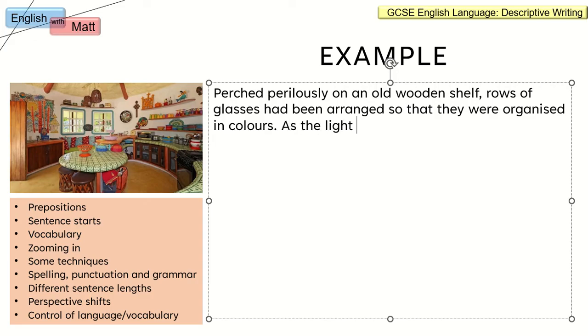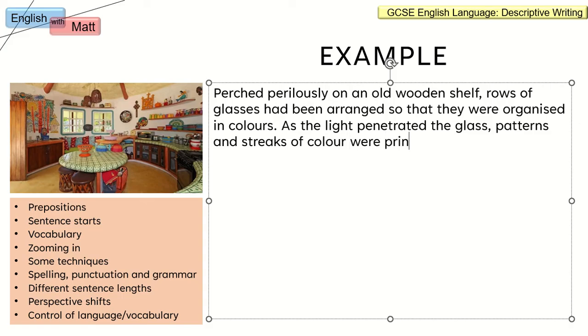As the light penetrated the glass, patterns and streaks of colour were printed on the whitewashed walls. Let me see if I can use a simile. So where do we see stained glass? We see stained glass a lot in things like churches and cathedrals.